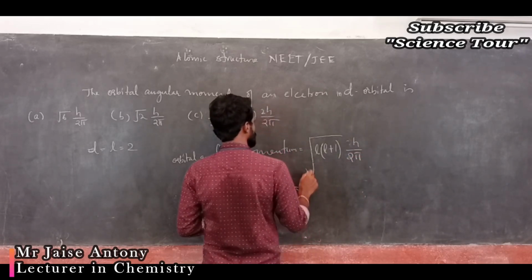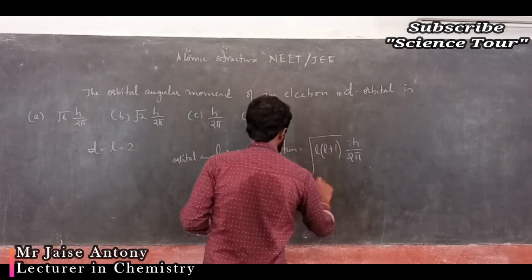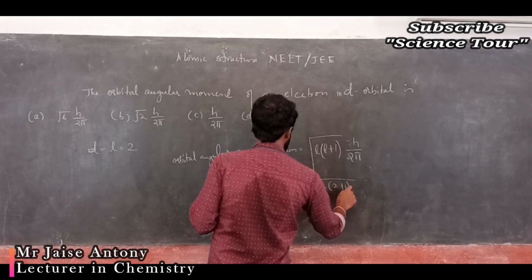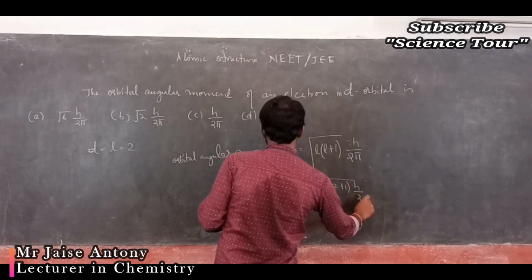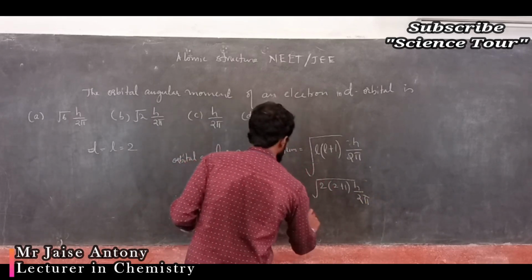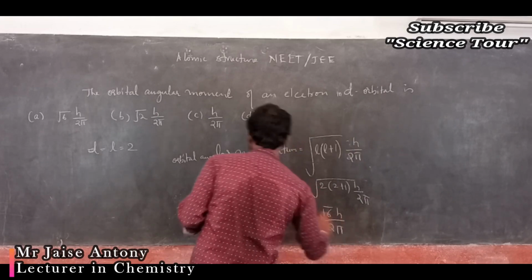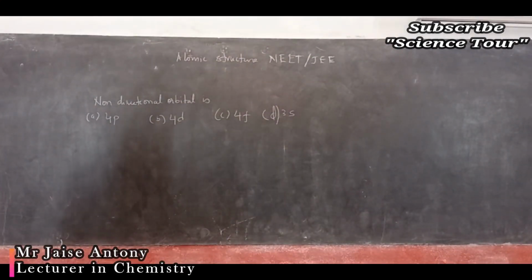Here, my dear students, h divided by 2 pi remains the same. So substituting L value as 2, 2 plus 1 is 3, 3 into 2 is 6. So it is root 6 h by 2 pi. Which one is the correct answer? Option A is correct.